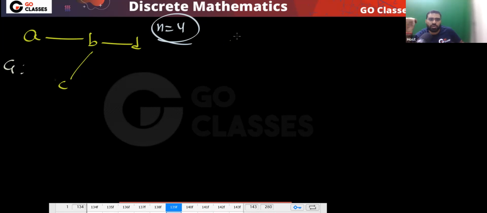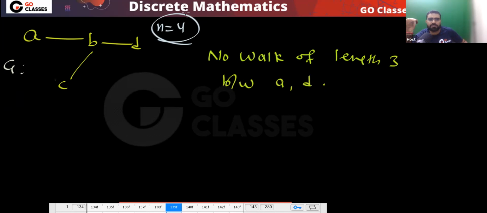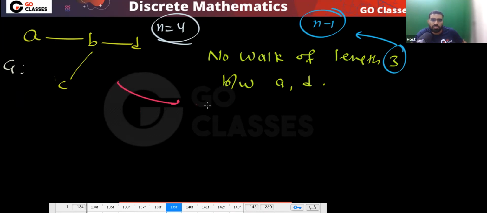You can notice there is no walk of length 3 between A and D. Why am I taking this 3? Because this is n minus 1. So there is no walk of length 3 between A and D. But there is a walk. Yes or no? You can notice there is a walk.